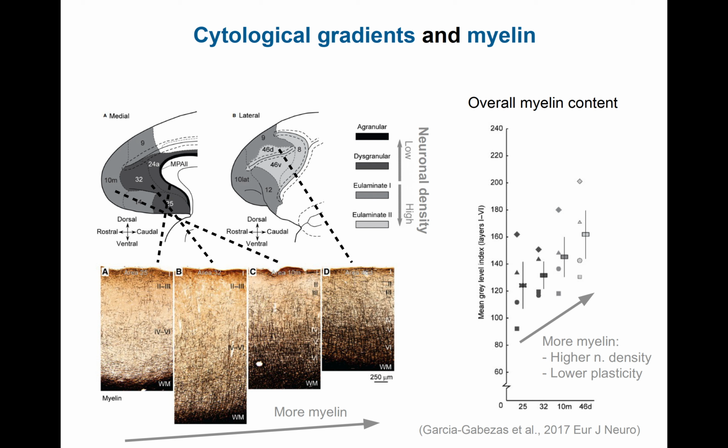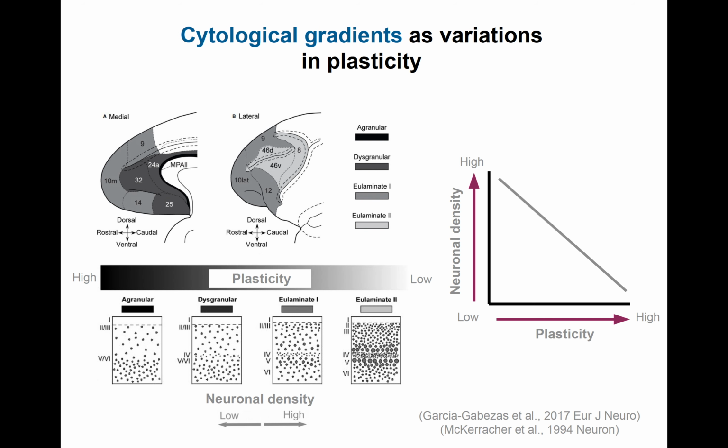And from a functional standpoint, this relation helps us understand the degree of plasticity of these areas, because these gradients of cytology and myelination are also entailing changes in terms of the plasticity of each region. For instance, high plasticity is accompanied by low neuronal density.